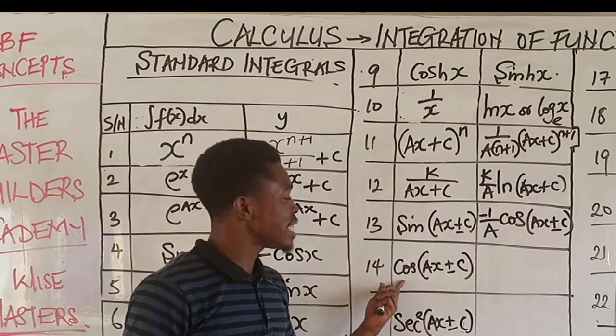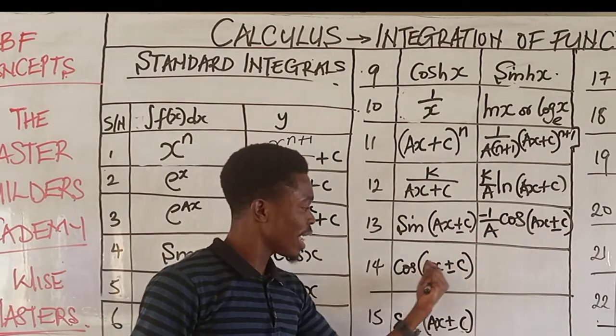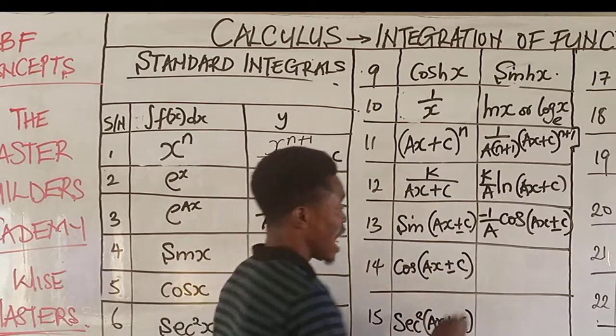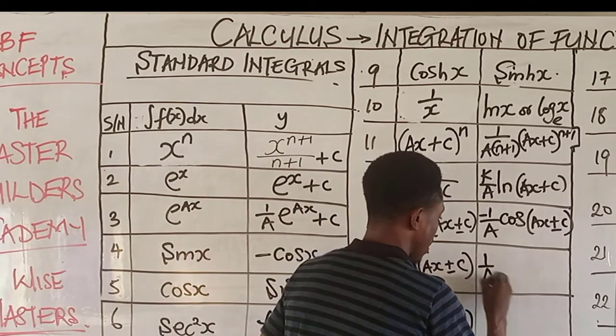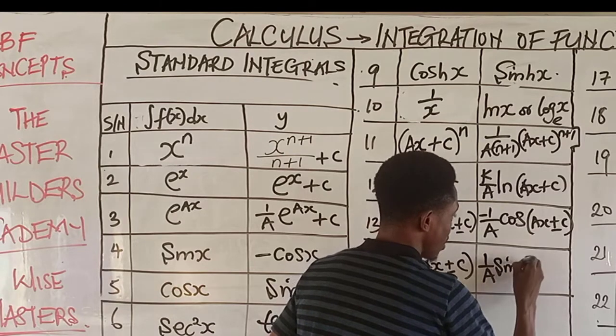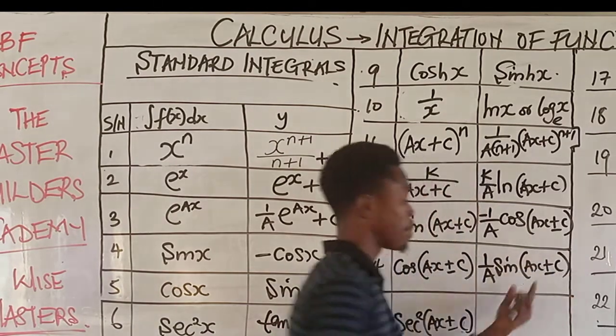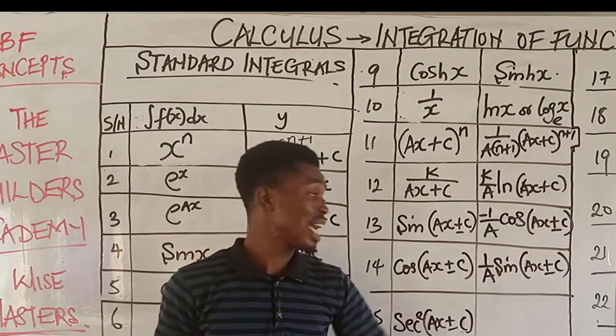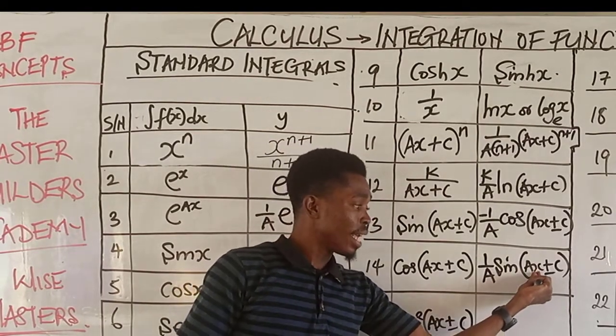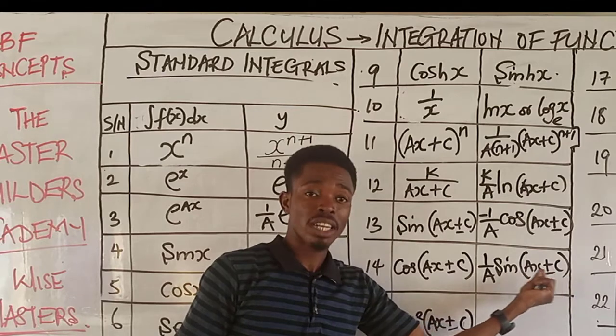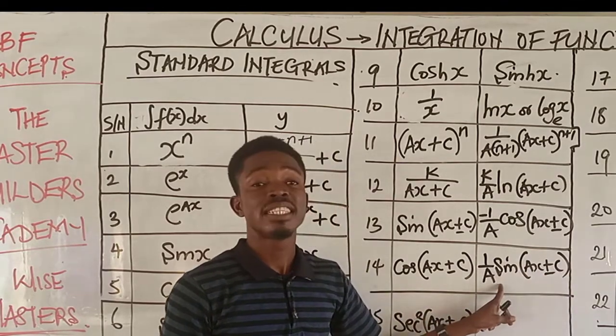Then when I integrate cos ax plus or minus c, I will equally have 1 over a sine ax plus or minus c. It can be plus, it can be minus. Whether you have plus connecting ax to c or negative connecting, you will have this as your answer.